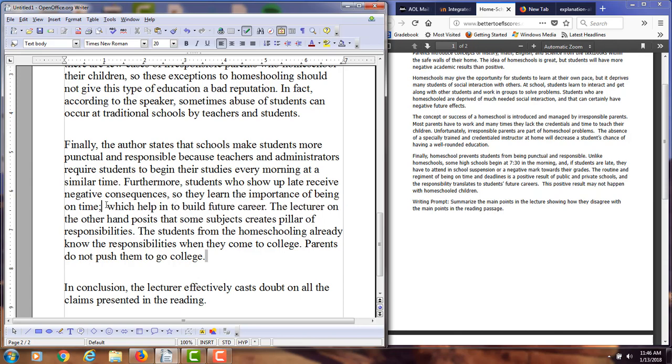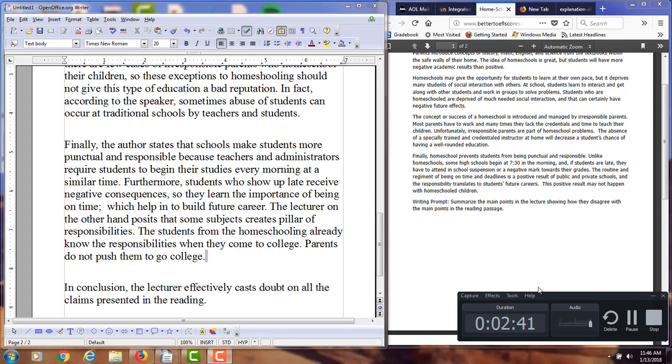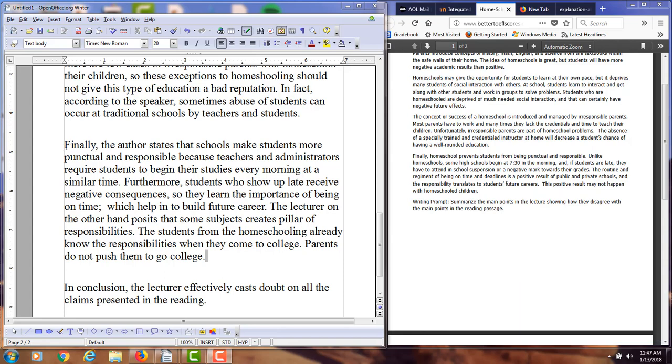Then we might say, let's keep working on this. So finally, the author states that schools make students more punctual and responsible because teachers and administrators require students to begin their studies every morning at a similar time. Furthermore, students who show up late receive negative consequences, so they learn the importance of being on time.